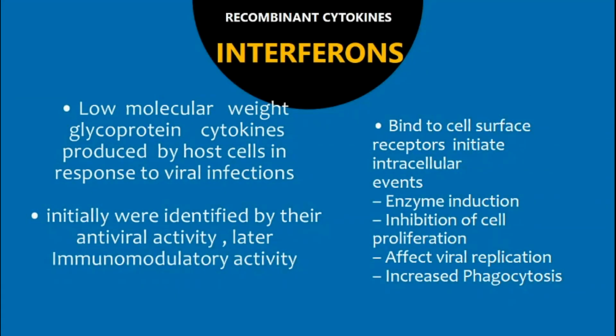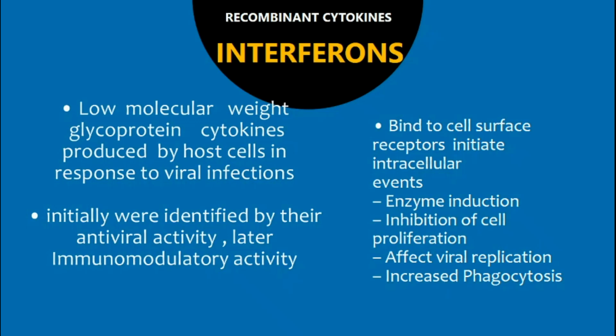Now we come to recombinant cytokines. In recombinant cytokines, we'll discuss interferons. Interferons are low molecular weight glycoprotein cytokines produced by host cells in response to viral infection. Alpha, beta, and gamma interferons were initially identified by their antiviral activity, later recognized to have immunomodulatory activities.